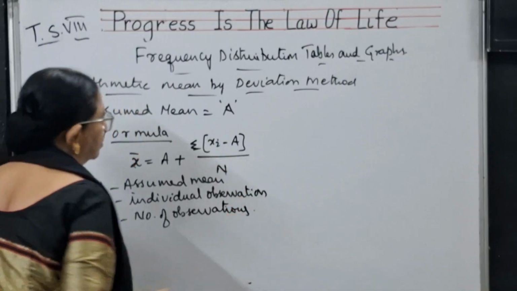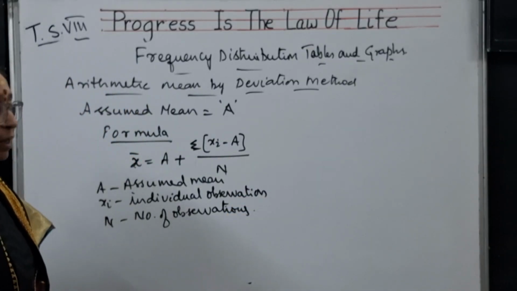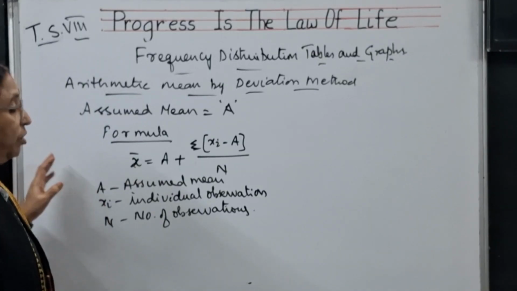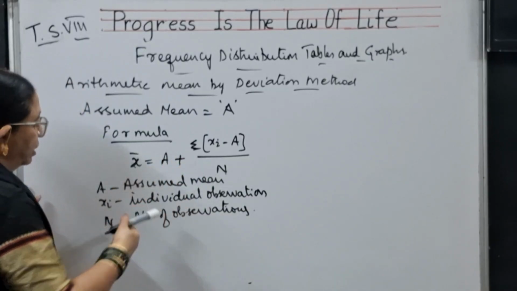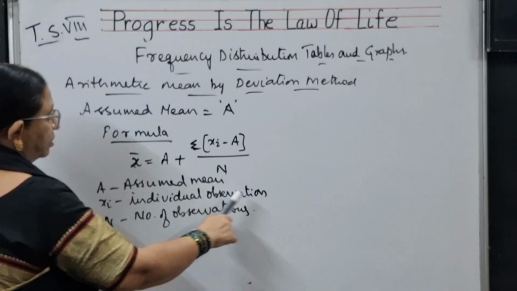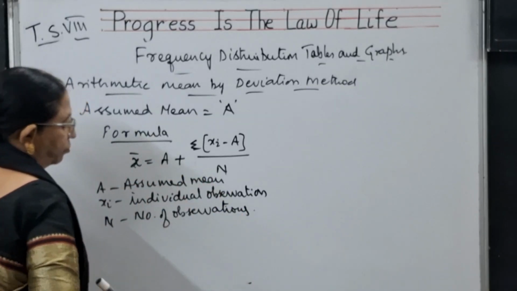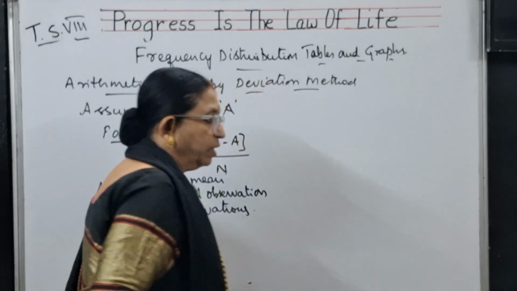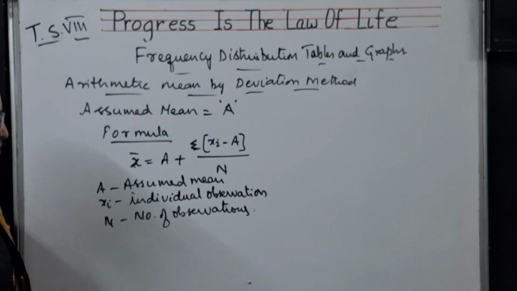Sometimes in the examination, they will ask you to write the formula for calculating arithmetic mean by deviation method, and also write what each letter indicates. So what does each letter indicate? A means assumed mean, xi means individual observation, means each observation, and n is number of observations. This is the formula which we are going to use in the next problem, children. Please note it down.